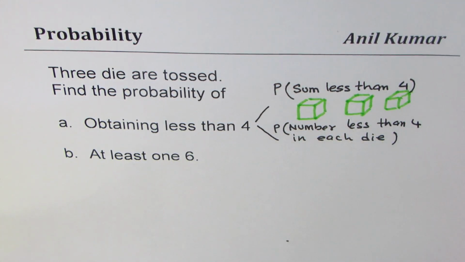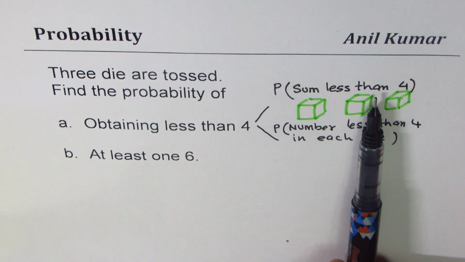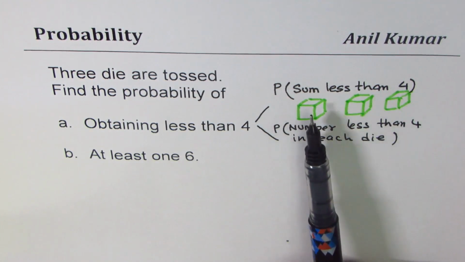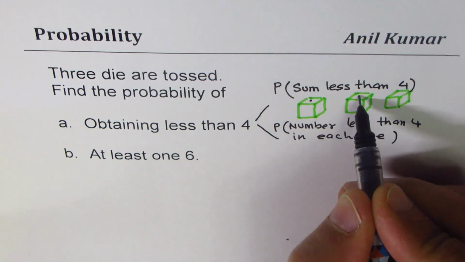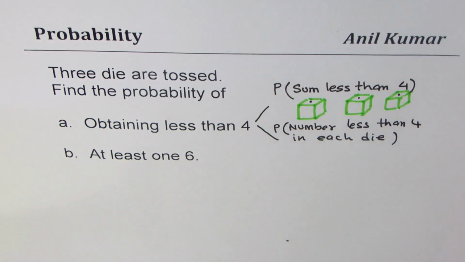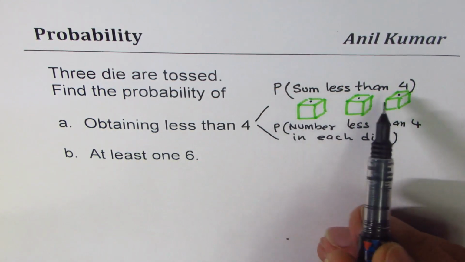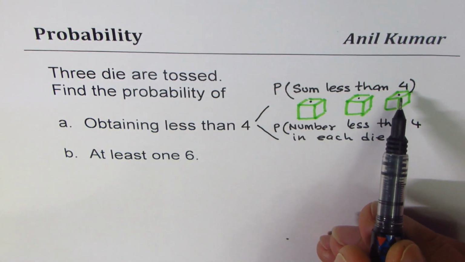Now, a sum less than 4 really means that there's only one option. That is, we could get 1, 1, and 1. That is the only option where the sum can be less than 4, right?